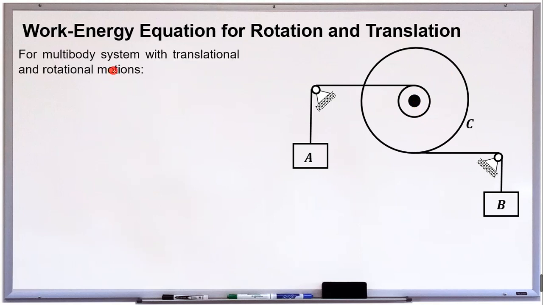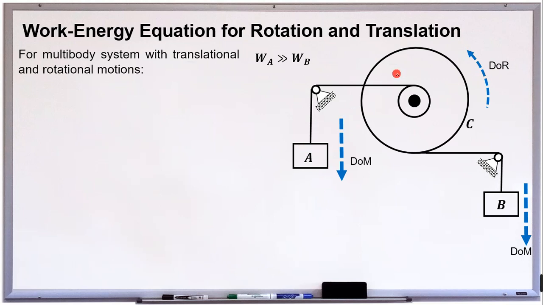Now, for a multi-body system with both translational and rotational motions, let's assume that for this type of system, the weight of A is greater than the weight of B. If that is the case, we can set the direction of motion. Since A is heavier, A will move downward.